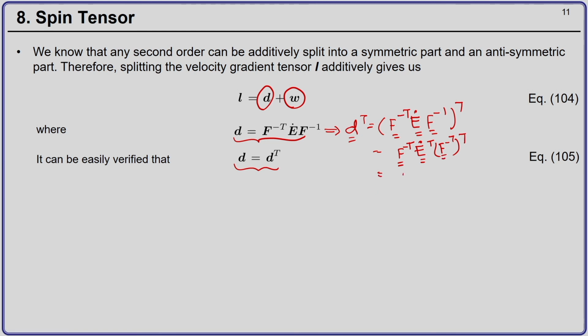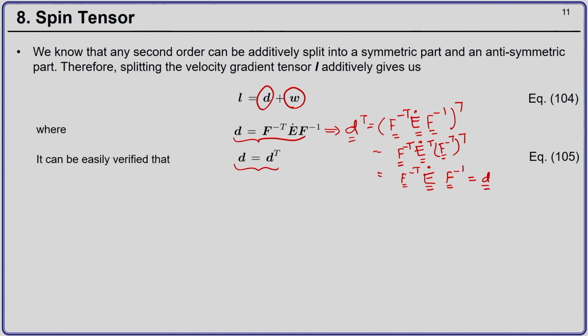Okay. So, this is nothing but F inverse transpose, and now Green-Lagrange strain tensor is a symmetric tensor. Therefore, its time derivative also will be a symmetric tensor, which means E dot transpose is same as E dot. F inverse transpose transpose is nothing but F inverse, and this is nothing but the expression for D. Therefore, the rate of deformation tensor D is a symmetric tensor.